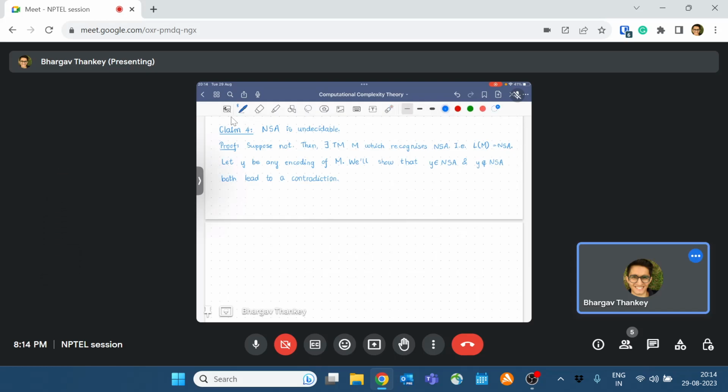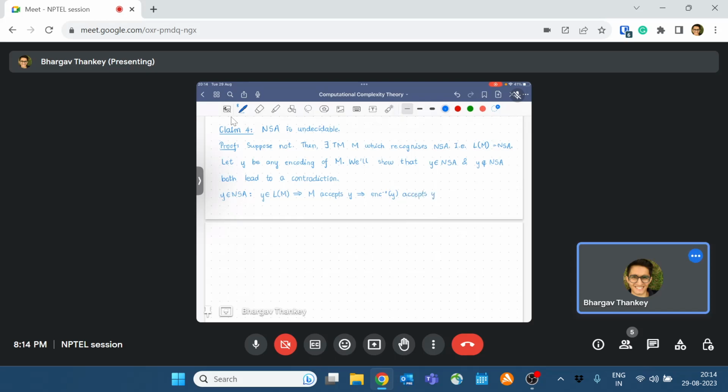Okay, so if this is clear, let's do this. First, Y is in NSA. What does this mean? Y is in L(M), which implies M accepts Y, which implies N inverse Y accepts Y. Why?